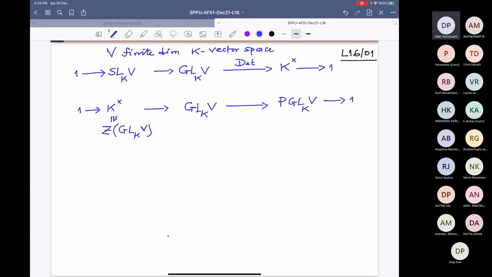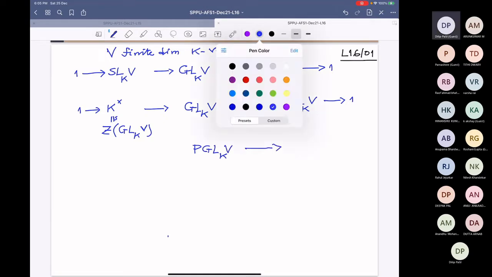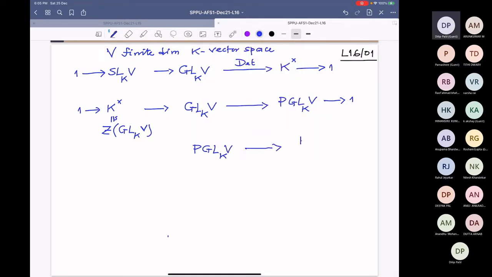Therefore from here you get another exact sequence: PGL_K(V) going into K cross, and then I use this notation, n on the left upper subscript of this K. I will explain that, and the kernel is precisely the PSL.